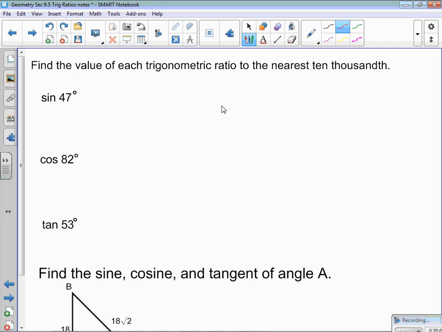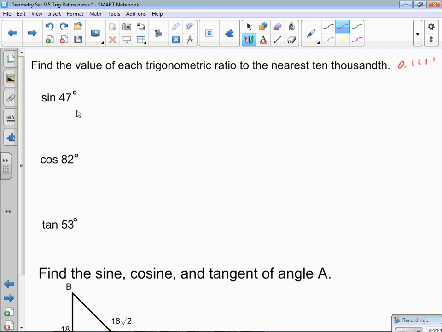If we have a decimal, the first place is the tenths. Hundredths is the next one. Thousandths is the third one. And 10,000ths would be the fourth one, right? So four decimal places we're looking at if it says to the nearest 10,000th.